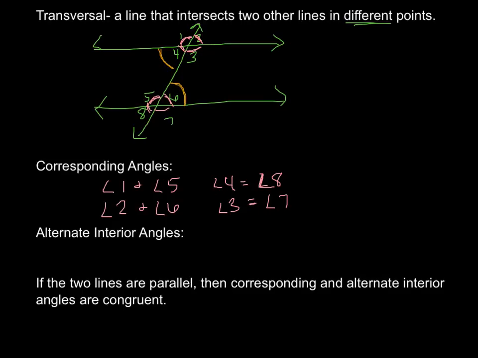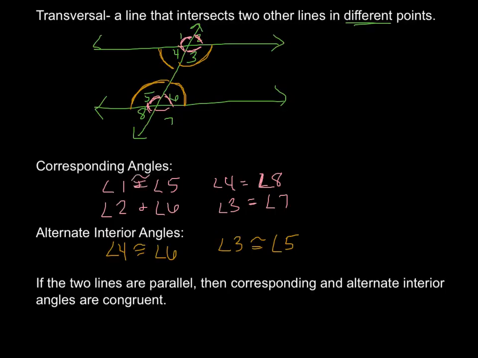They're alternate, that means they're opposite, but they're both interior angles. So angle 4 is congruent to angle 6. And then we would also know that angle 3 is congruent to angle 5. These are just ways to tell if something is congruent.